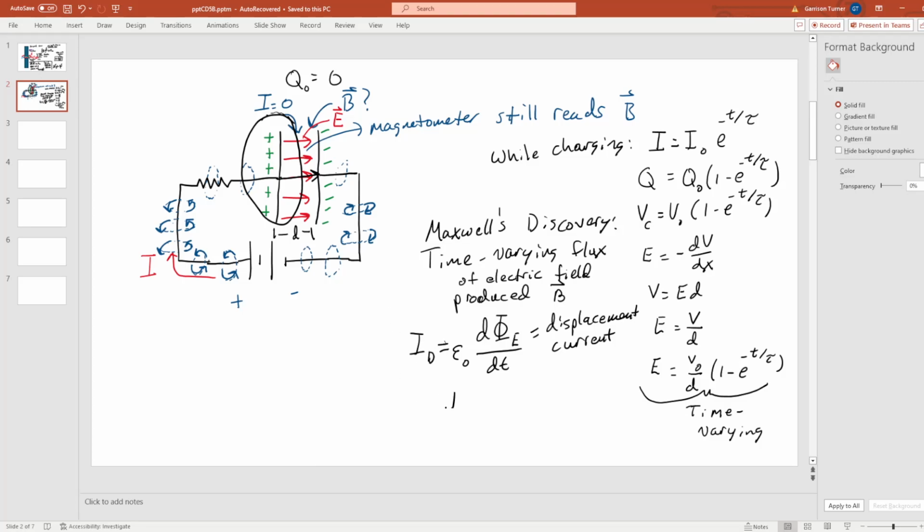ID has the same instantaneous value as I. But I is time varying, remember, in the capacitor case. So whatever instantaneous value you have for your current through the circuit, that will be the same instantaneous value as your displacement current, and therefore you will measure the exact same magnetic field strength through here.